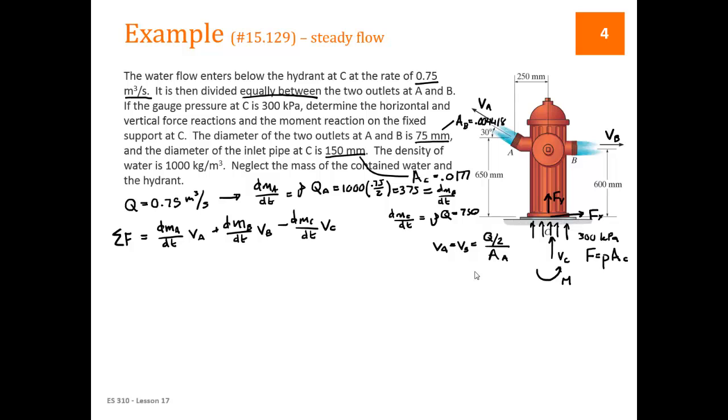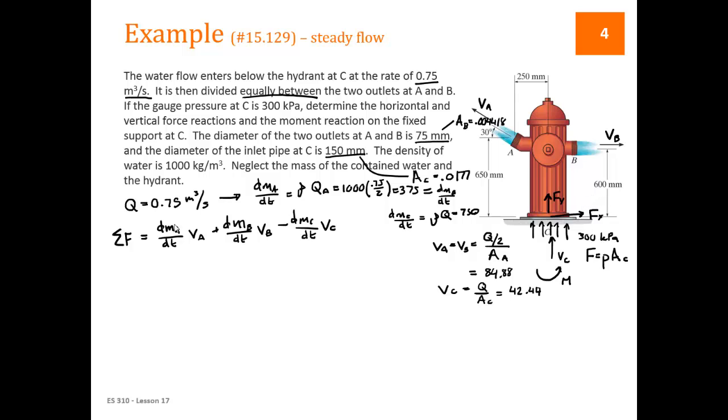If we plug in our numbers, we get 84.88. A similar equation for VC would give us Q over AC, which gives us 42.44. So it's moving slower when it's coming in than when it's going out, which has to do with the cross-sectional area that we're looking at in those cases.